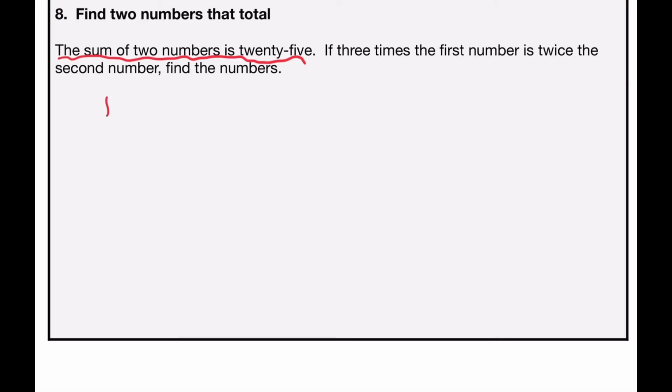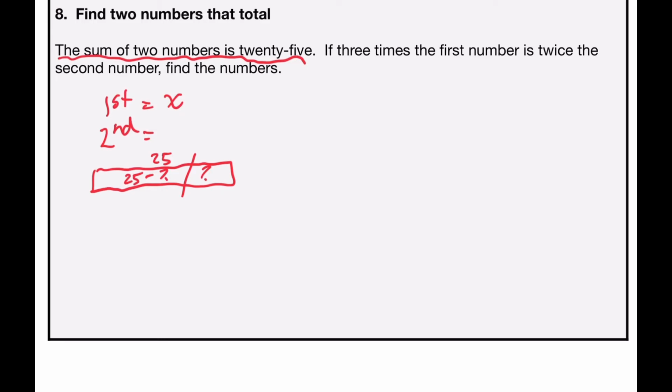We have two numbers, the first number and the second number. Well, the first number is easy. One of the numbers is always going to be x. It's the second number that we have to use the trick for. So let's think about a piece of wood or a small little board that's 25 inches long total. If I cut a piece off, what's left is going to be 25 minus whatever I cut off.